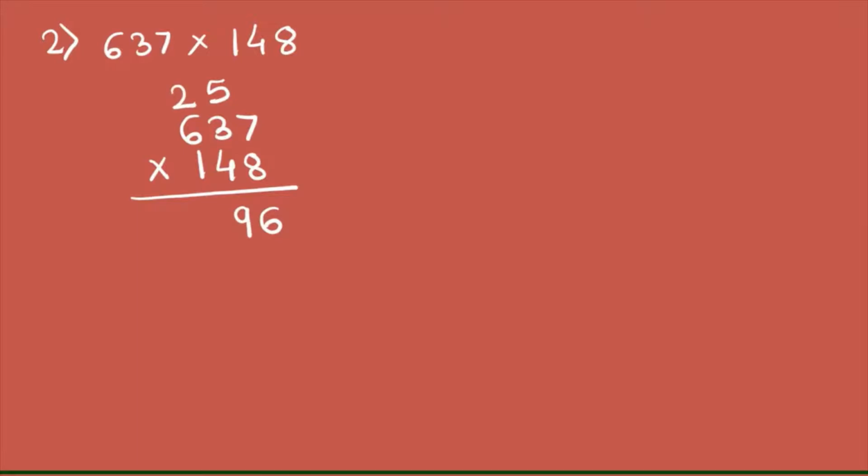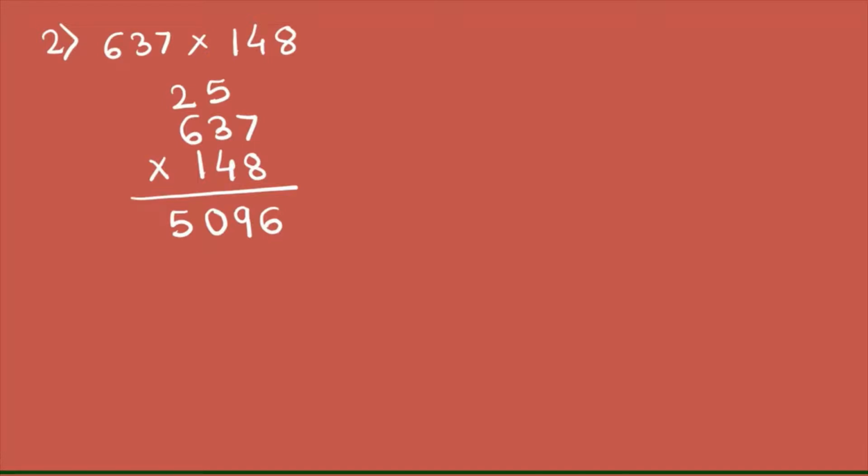Now 8 times 6 is 48, and 48 plus 2 is 50. So I write here 0, but you see here we don't have any more digits to carry over to, so I drop our 5 here. So we get the answer as 5096. Now we are done multiplying this 637 by 8.